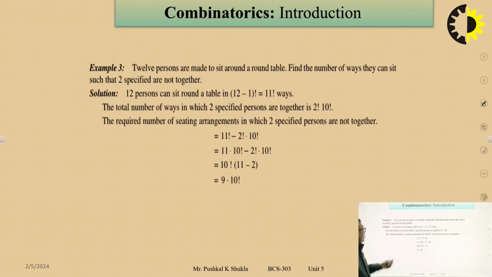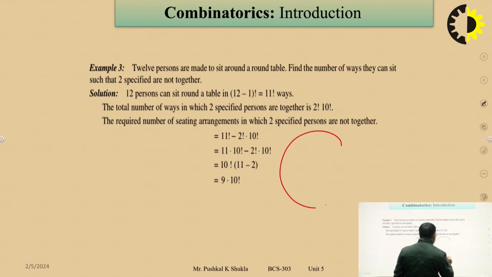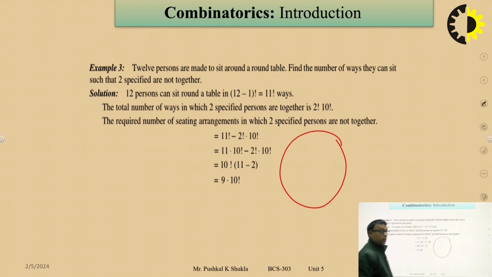Now, 12 persons are made to sit around a round table. Find the number of ways they can sit such that two specified persons are not together. In this case, the total number of persons is 12. So how many possible arrangements are there?